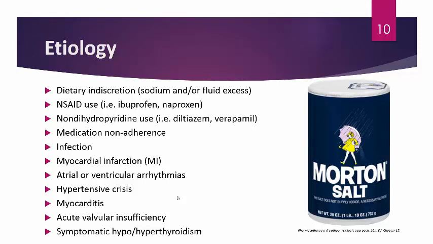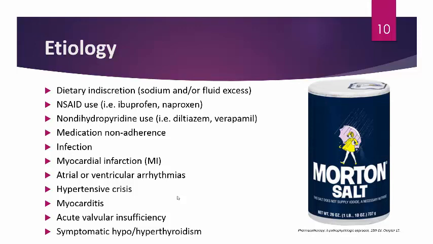And this is because these agents are what are known as negative inotropic agents. So they essentially will decrease the ability of the heart to contract properly. So if you have a patient who has heart failure that is on one of these agents, ideally these agents should be converted to something else.